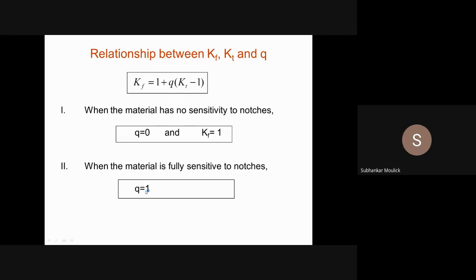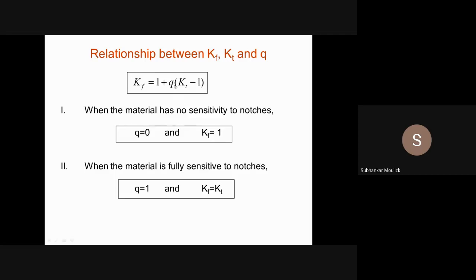Value of Q will be 1. Q can vary from 0 to 1. Notch sensitivity factor can vary from 0 to 1. 0 means there is no sensitivity. Value of Q equal to 1 means the material is fully sensitive to notch.